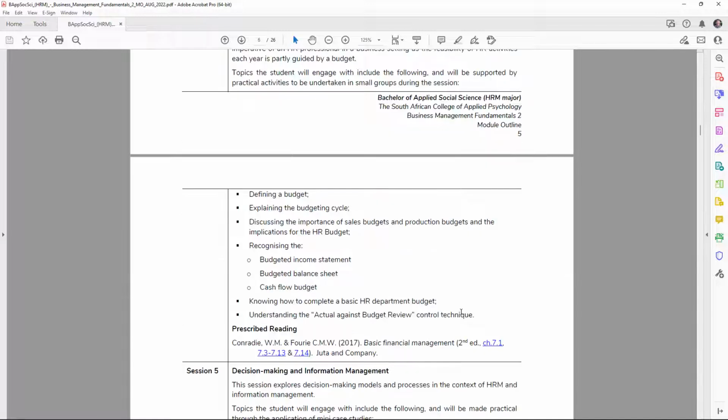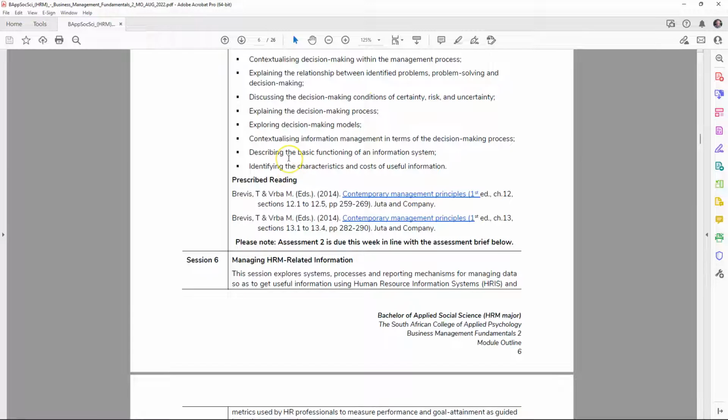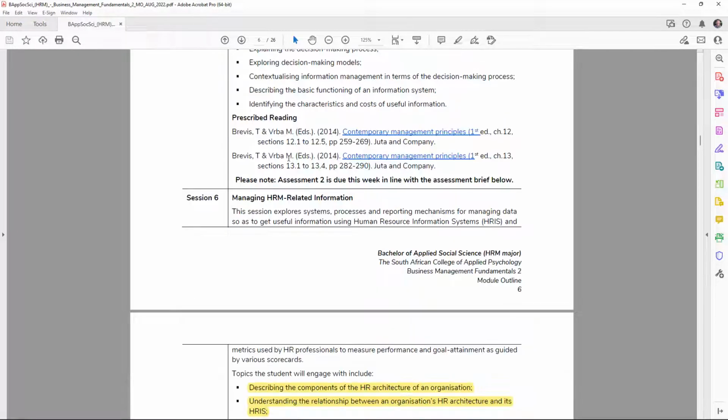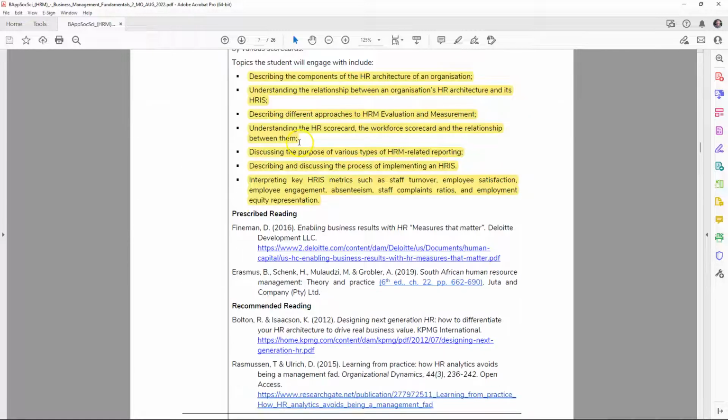The budgets, session 5 already: you can do whatever in Assessment 3 relates to session 5. And managing HRM related information you can already do as well.